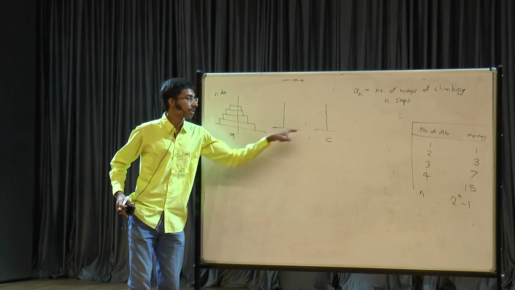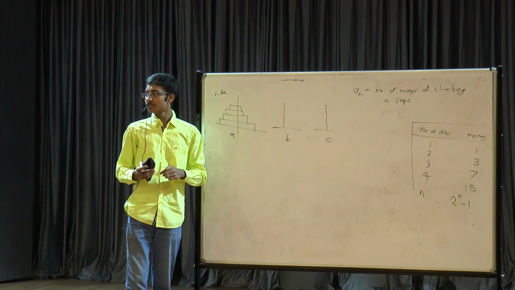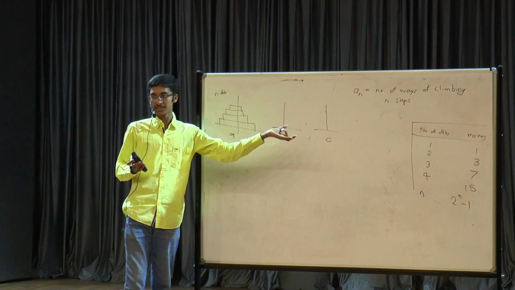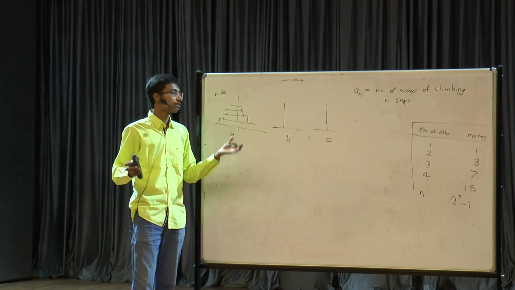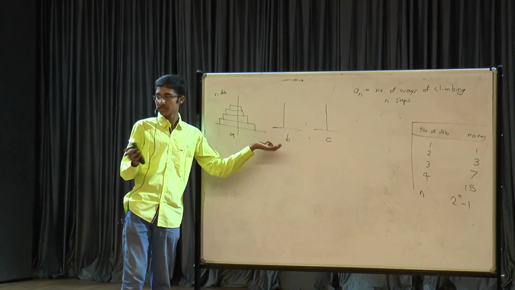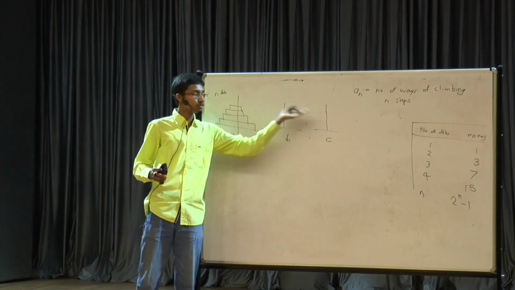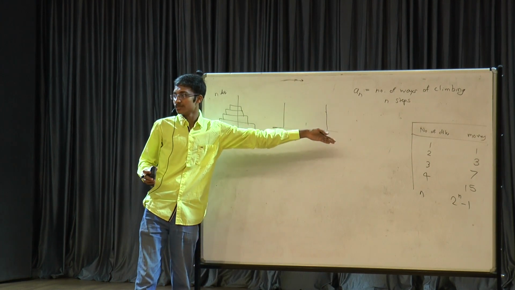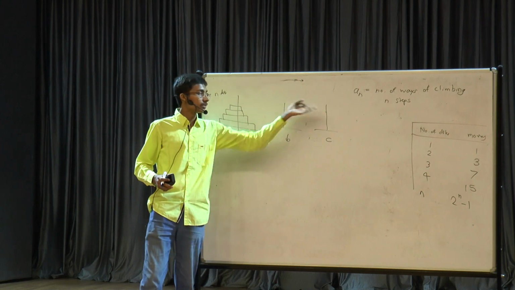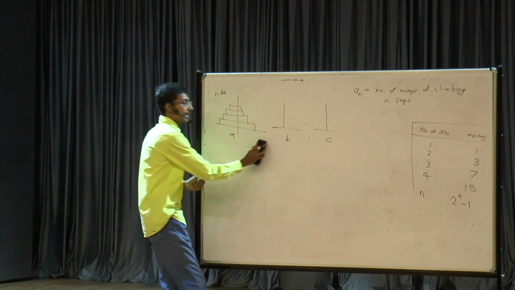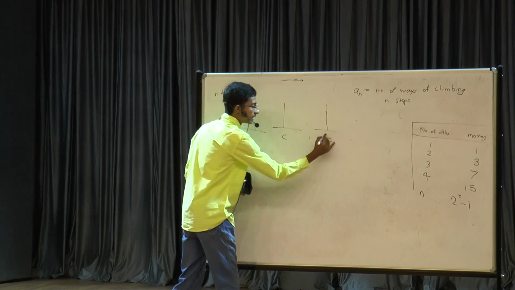There's nothing special about pegs B and C. The number of moves to get something from A to C is going to be the same as going from A to B, because whatever move I was doing to B, I'll now do to C, and whatever I was moving to C, I'll move to B instead. Is that okay? It's like I am relabeling.